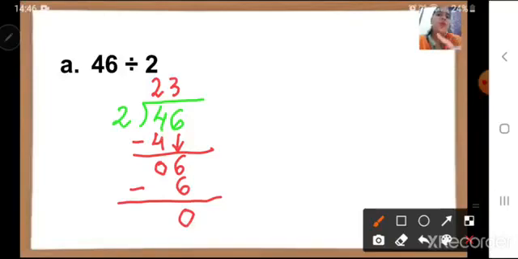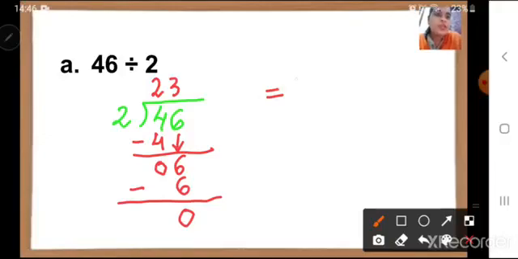Children, now if you want to check your answer, how are you going to check it? With the help of the formula. What is the formula? Dividend is equal to divisor multiplied by quotient plus remainder. I am just going to show you; you can write the answer afterwards.